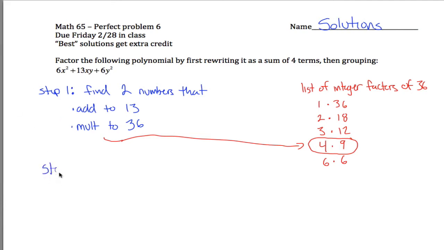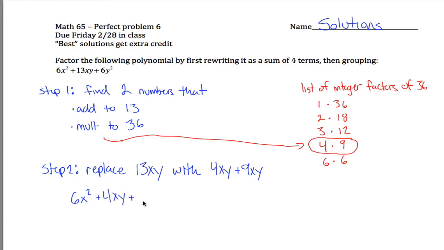In step 2, what we're going to do is replace 13xy with what we just found, 4xy and 9xy. So we're going to take our original polynomial, 6x squared plus 13xy plus 6y squared, and instead of writing 13xy, I'm going to write 4xy plus 9xy.